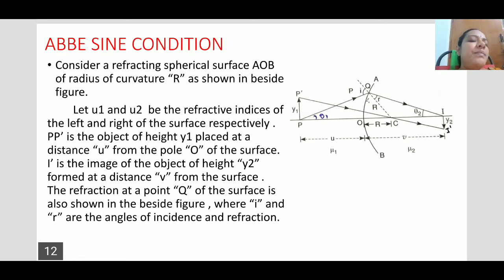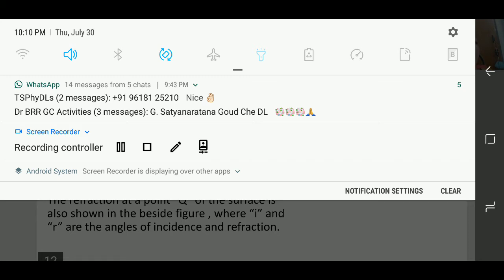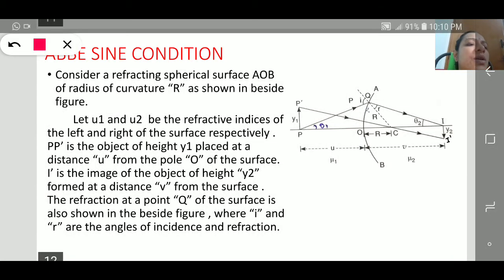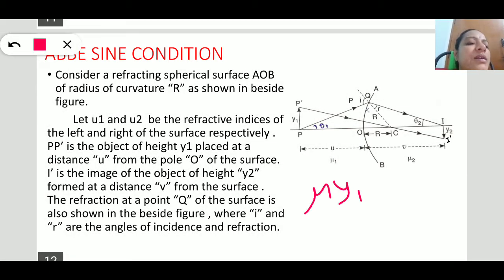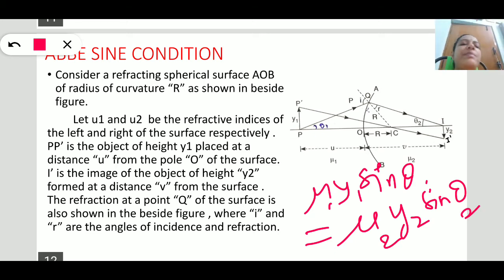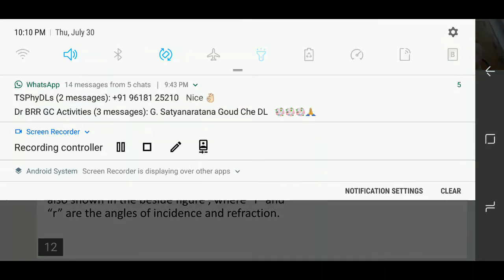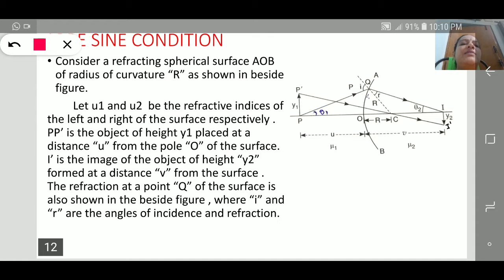The Abbe sine condition means mu1 y1 sin theta 1 is equal to mu2 y2 sin theta 2. For this purpose, let us consider a refracting curved surface.